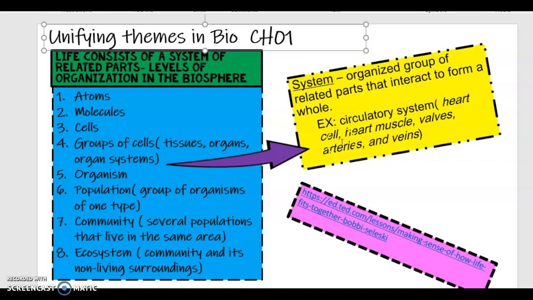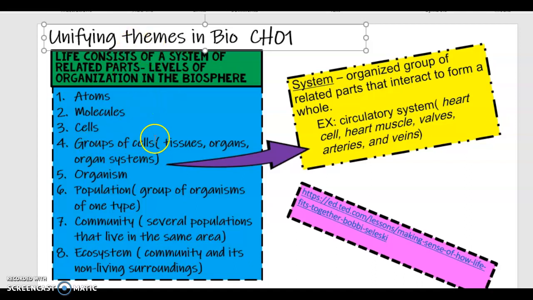So you have the heart, or heart cells, you've got the heart muscle, you've got valves, you've got arteries and your veins. So all of these related parts make up the entire system. So groups of cells are going to make up tissues, tissues make up organs, organs make up organ systems. So circulatory system, excretory system, respiratory system, those are some that you may be familiar with.